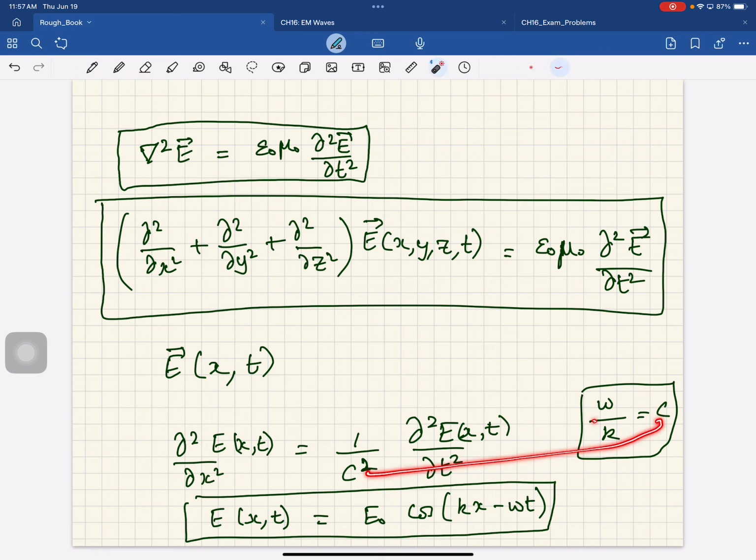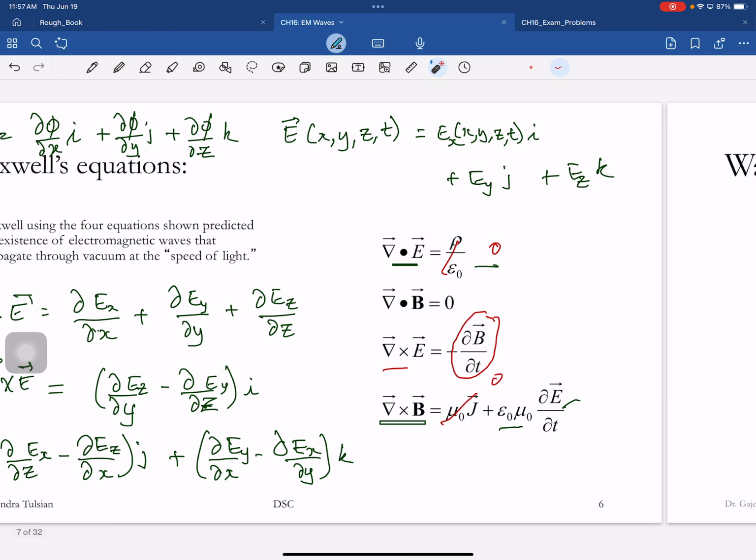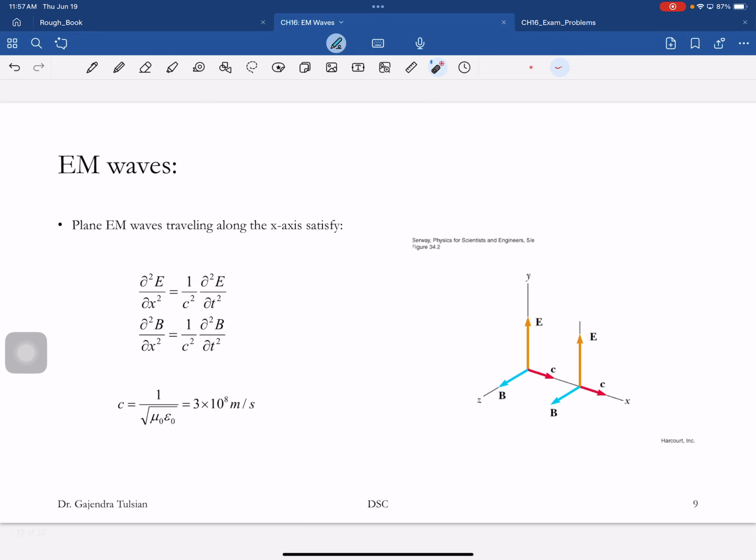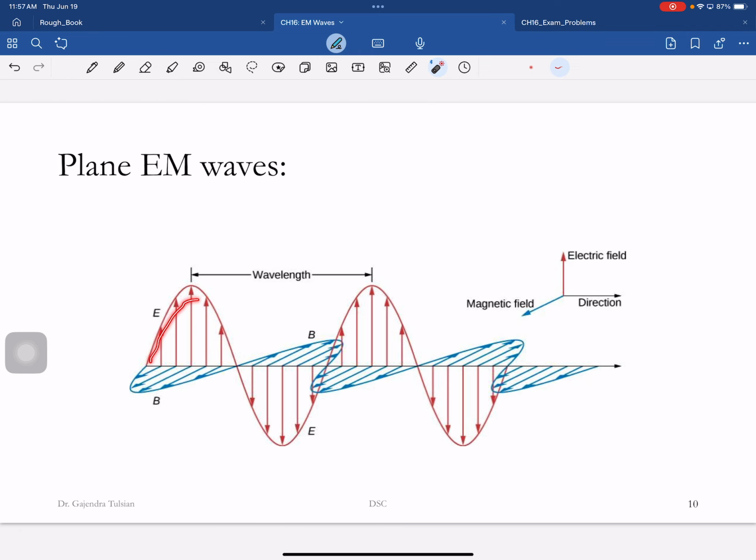This is equal to that c. So there is the amplitude and there is the cosine function. And this wave travels at the speed of light. So Mr. Maxwell realized one afternoon that light was an electromagnetic wave.